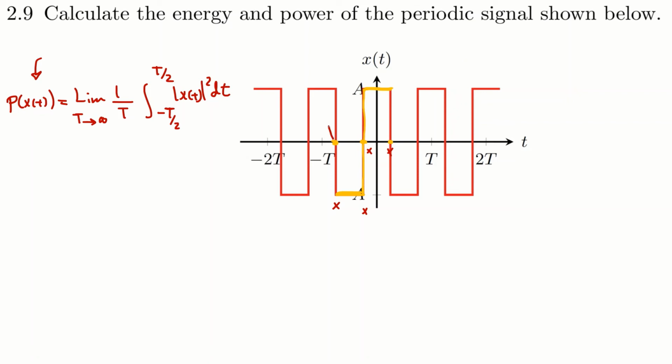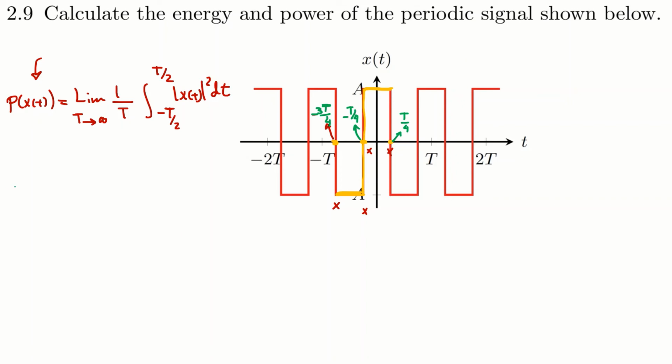The time at this point is minus 3T over 4, the time here is minus T over 4, and the time here is T over 4.